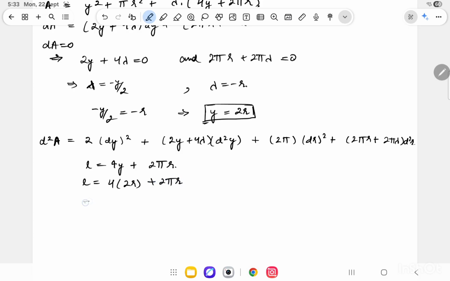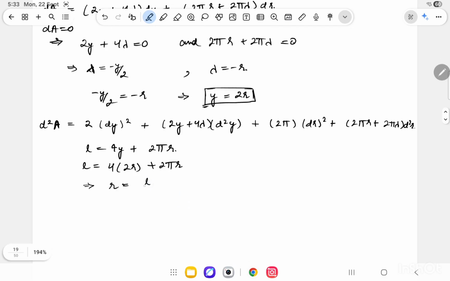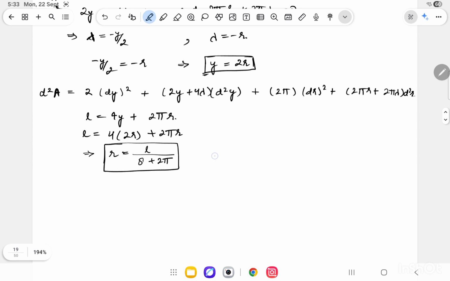So from here if I simplify it, I'll get my r as L divided by 8 plus 2 pi, and if I calculate my y, y is basically 2 times r, so that will be L divided by 4 plus pi. So I got the values of basically y and r.